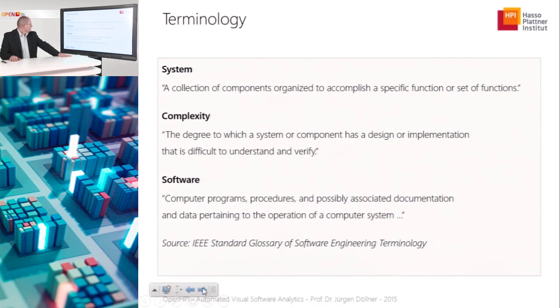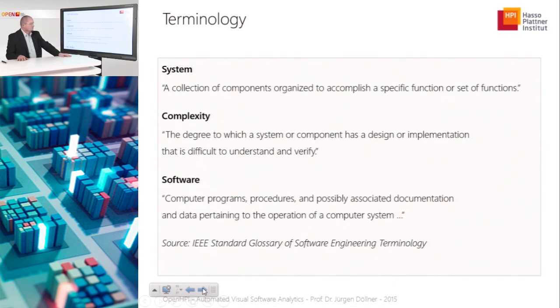Complexity, the degree to which a system or component has a design or implementation that is difficult to understand and verify. So these are the two properties. How can I understand a system? It's difficult or not? And how can I verify how this system is composed? So this refers to complexity. Now we can combine both and we have complex systems.